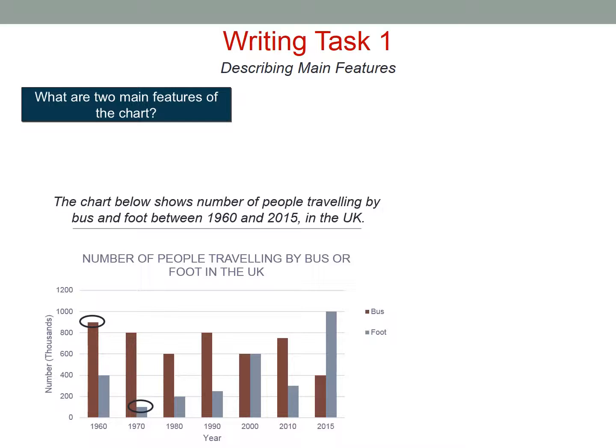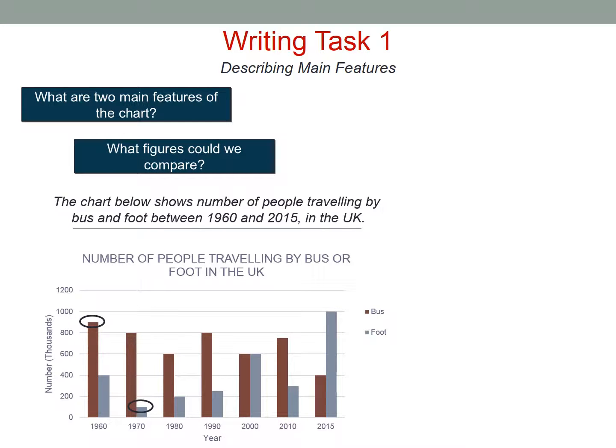Now we need to finish off our essay with a comparison using comparative language between two figures in one dataset, but do not use the same figures previously used in our main features. What figures do you think we could compare?